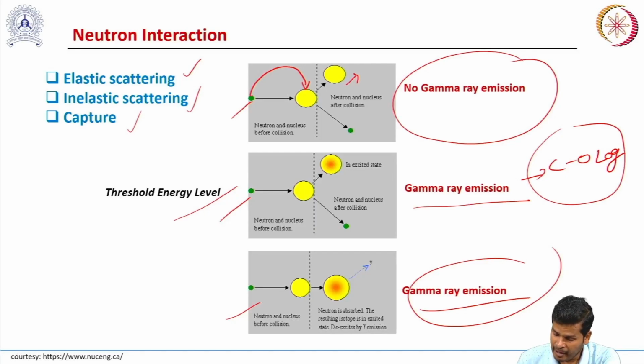So a gamma ray is also emitted in the capture interaction, and this is called the capture gamma ray, whereas the gamma ray emitted in the inelastic scattering is called the inelastic gamma ray. So these are the nucleus and neutron interactions which are possible in our formation.